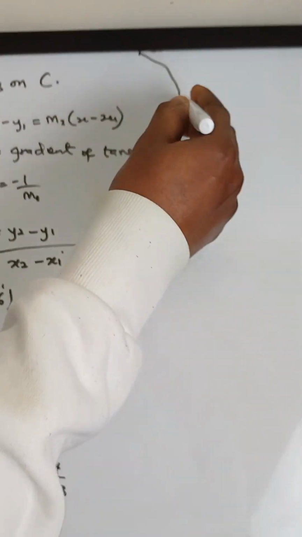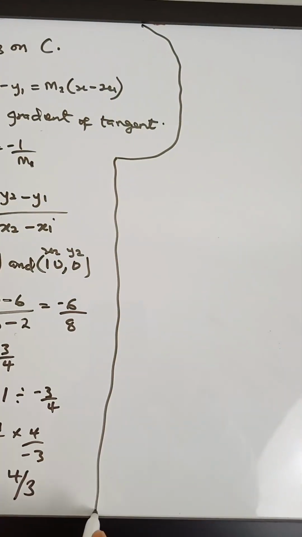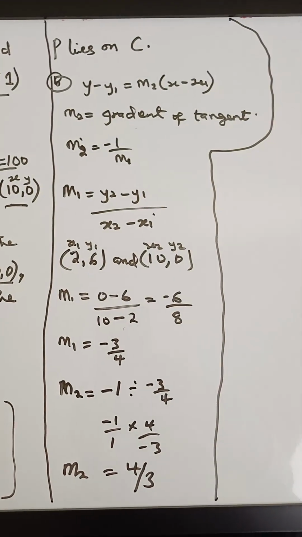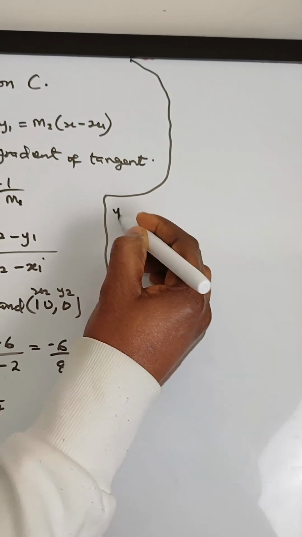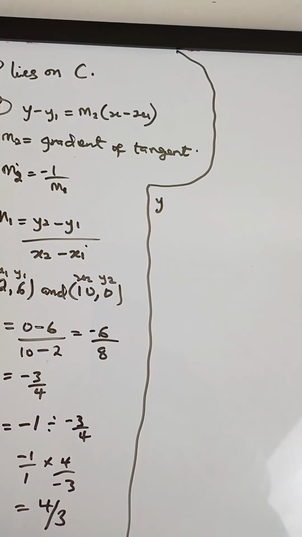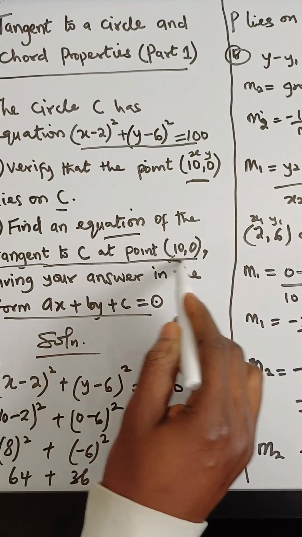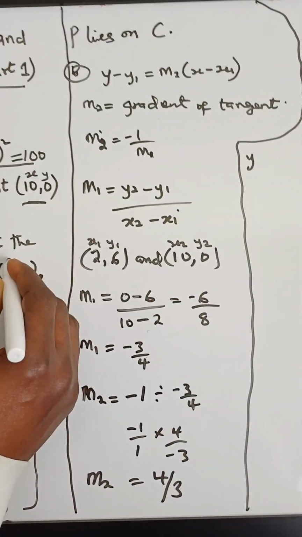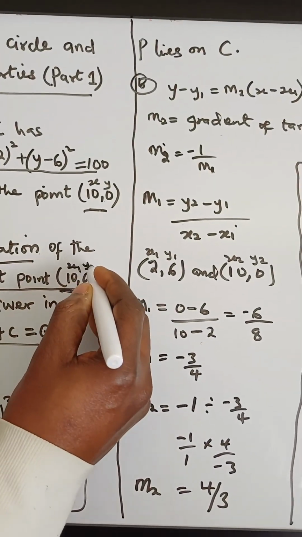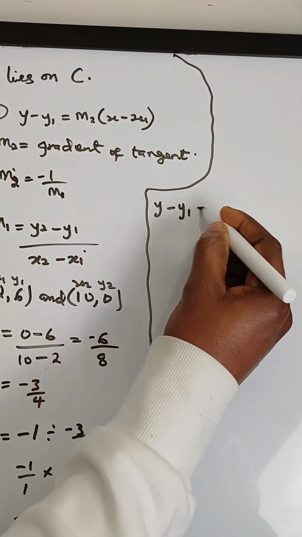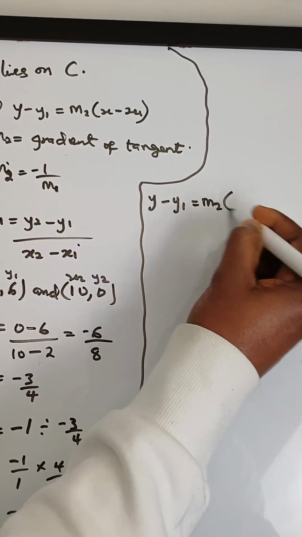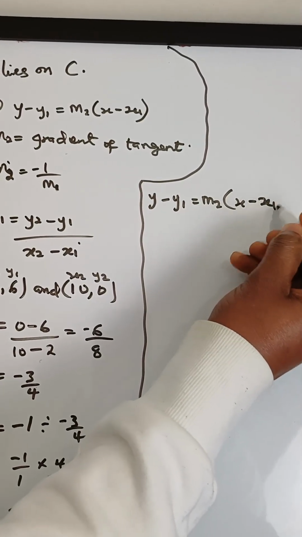Then we can now get the equation of the tangent. Using the same formula at this point, this x1, y1, we have y minus y1 equals m2 times (x minus x1).